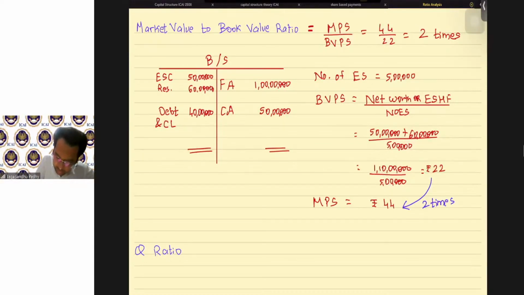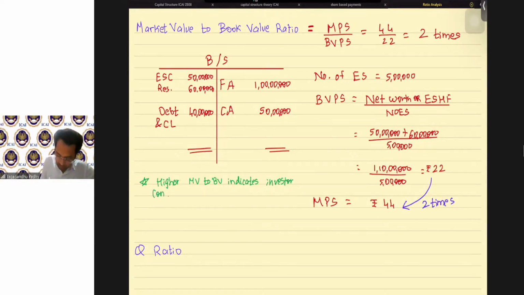So the point over here is that a higher market value to book value indicates investor confidence.